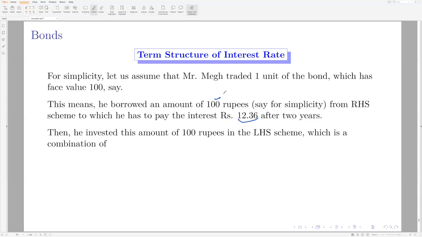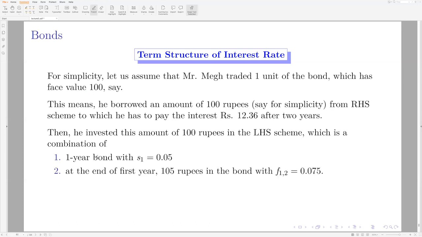Now whatever he got today, 100 rupees, he invested into the LHS scheme. So he has not spent any money from his pocket. What is the LHS scheme? It is a 1-year bond with S1, that is a 5% spot rate. And then at the end of the year, he will get 105 rupees, because at a 5% interest rate he is investing.